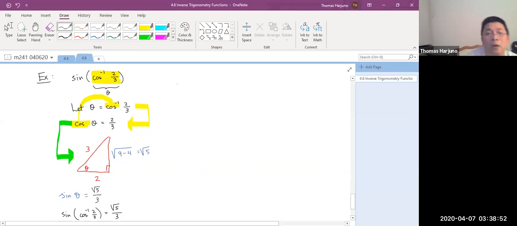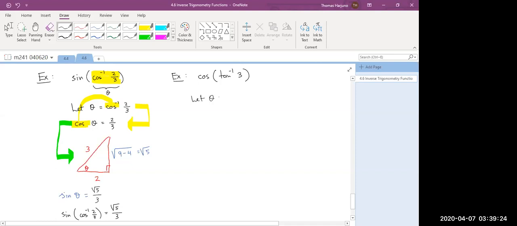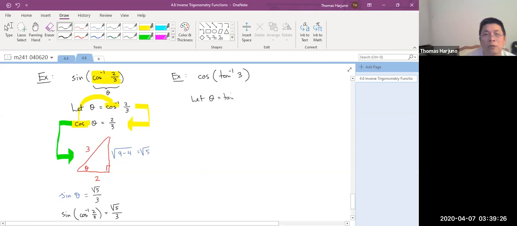Okay, now let's do one more before I ask you to do problems from the book. Another one, let's say I have cosine of tangent inverse of 3. So what is my first step? Let theta equal tangent inverse of 3.